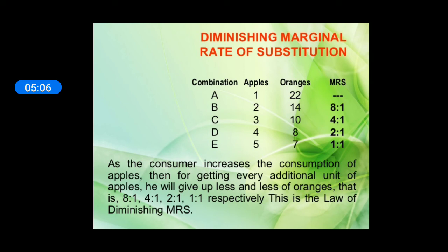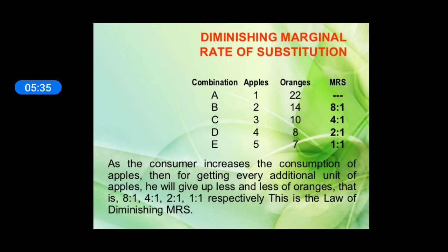And again in the D combination, when he consumes one more unit of apple, he sacrifices 2 units of oranges. And in the E combination, he substitutes 1 orange for 1 more unit of apple. So the marginal rate of substitution is diminishing.